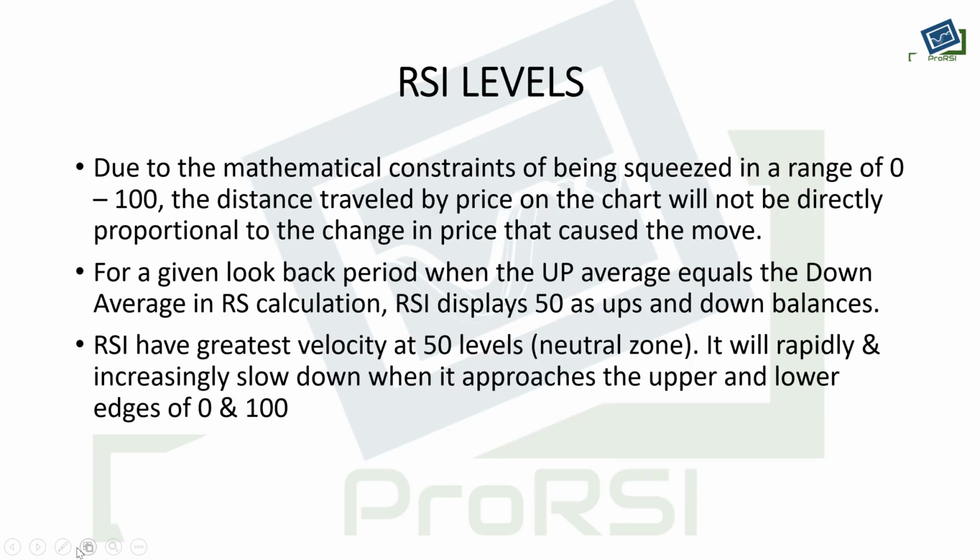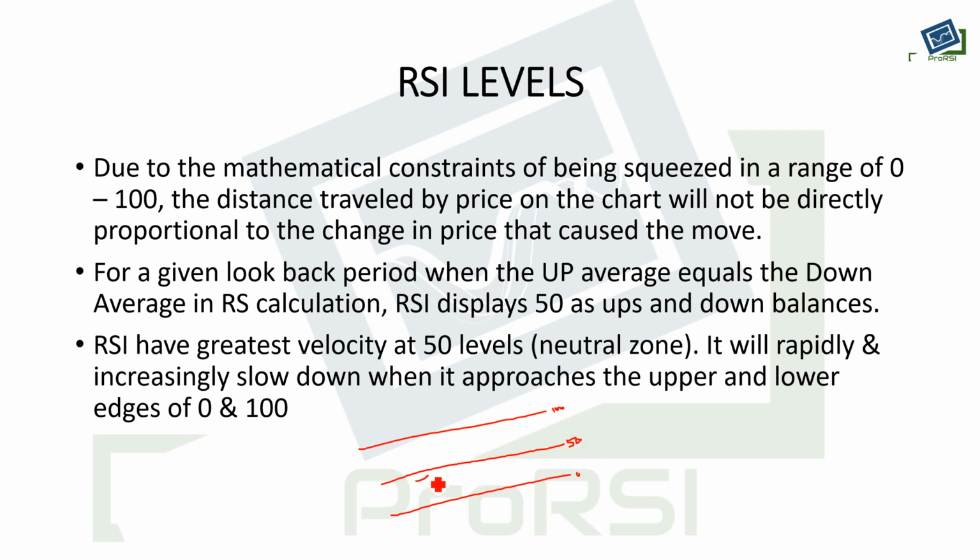So basically what I mean to say is, suppose this is the 100 level of the RSI, this is the 0 level of the RSI, and this is the 50 level of the RSI.